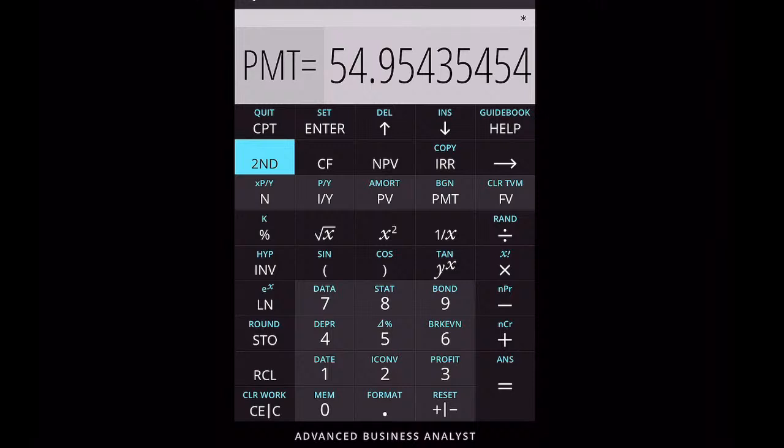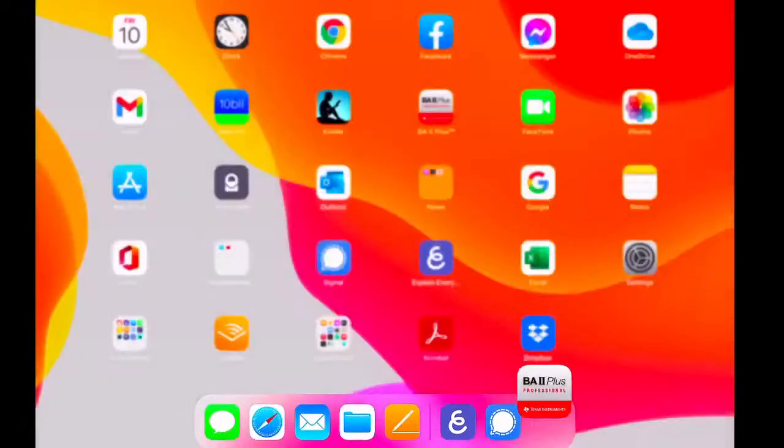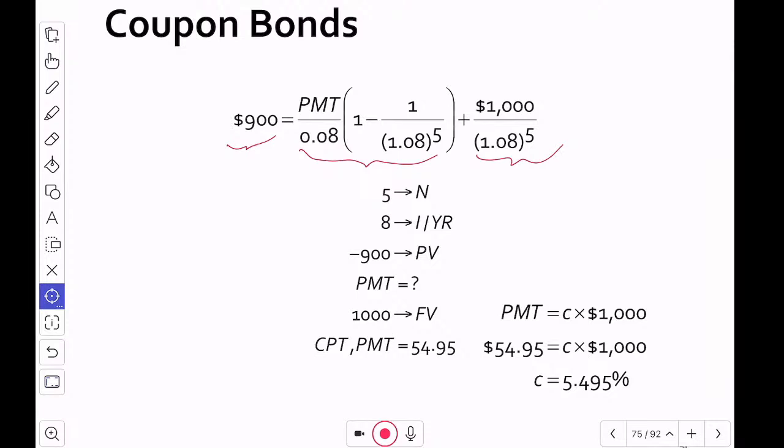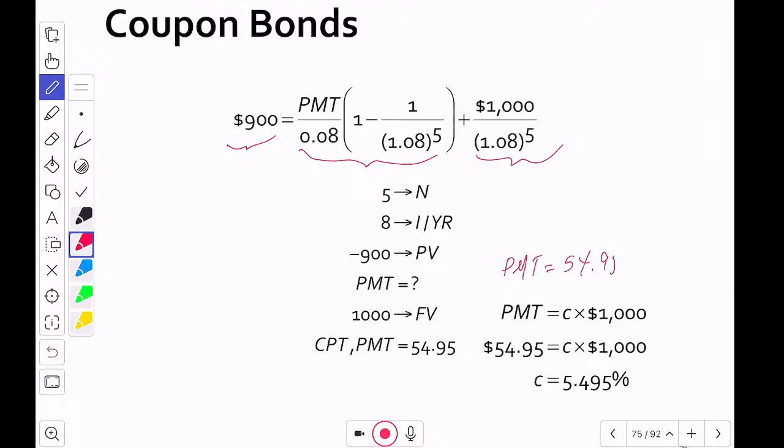Depending on what I ask for, you have to read the instructions on the test. Depending what I ask for, you have to provide that many decimal places. So say I asked for 4 decimal places. So it would be 54.9544. So I could say payment is equal to 54.9544.